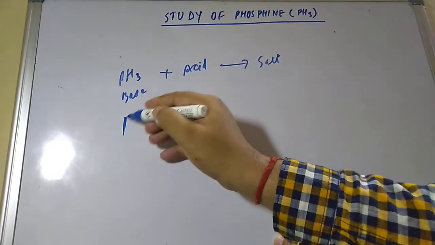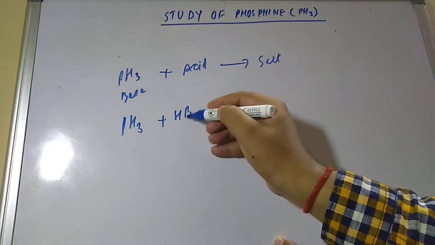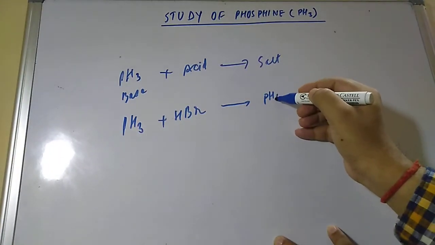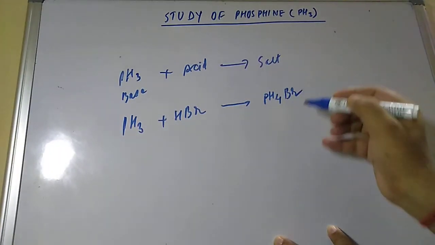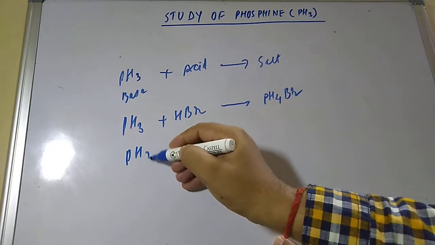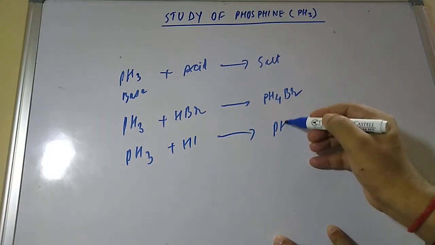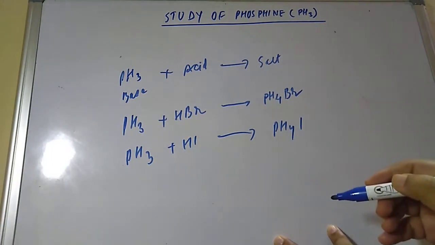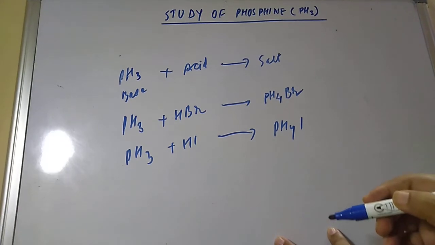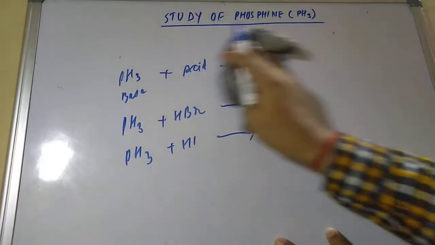For example, if PH3 reacts with HBr, it will give PH4Br, phosphonium bromide. And if PH3 is treated with HI, it will give PH4I, phosphonium iodide. So these are the chemical properties of PH3.